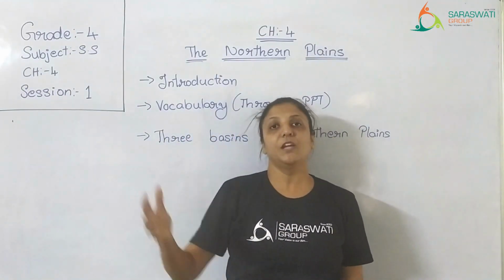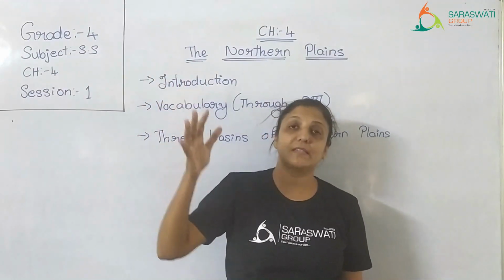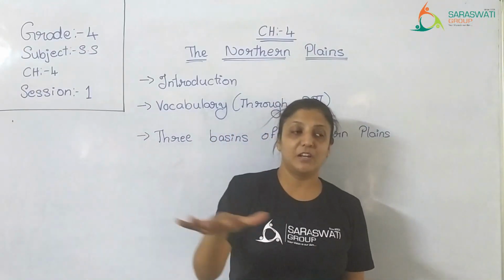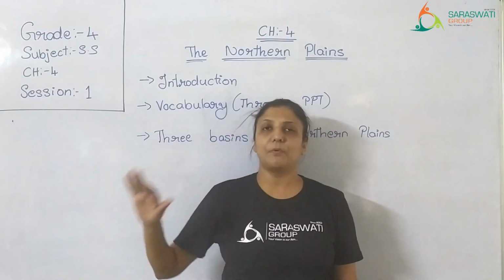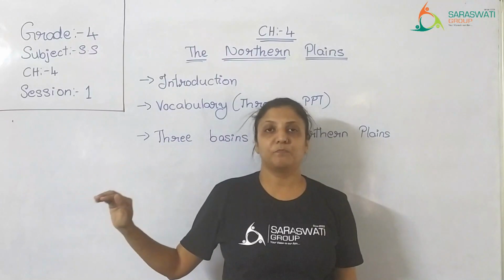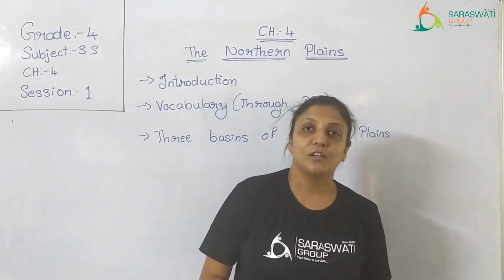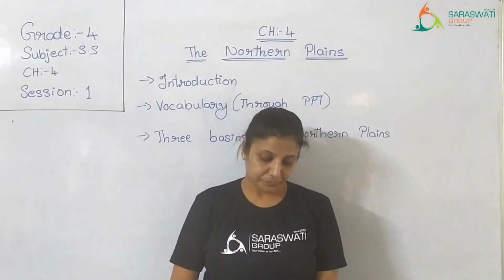In the same way, when the water flows down from the mountain, it brings the silt, that is the fine dust particles. And then when it flows through the plains, this silt gets deposited on the banks, the river banks. Yes, so this silt gets deposited on the banks of the river.